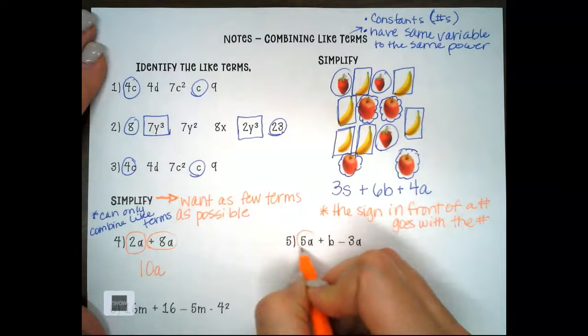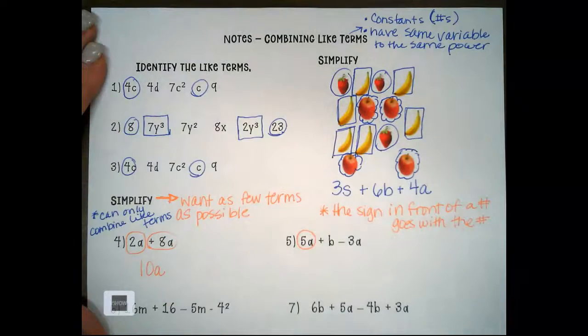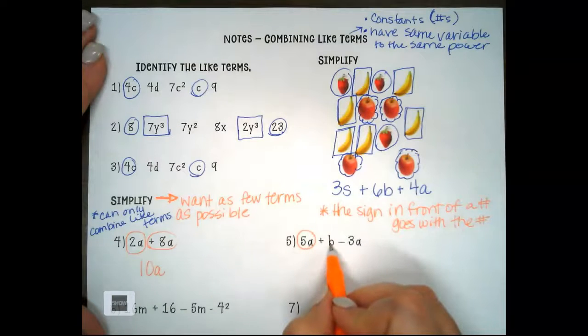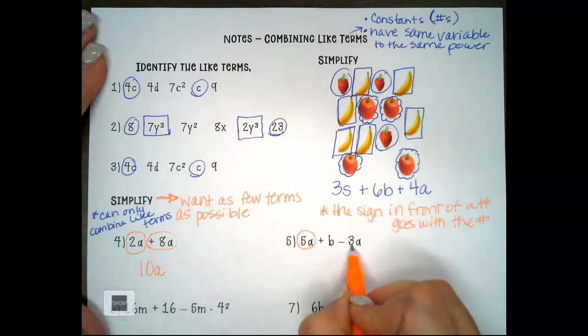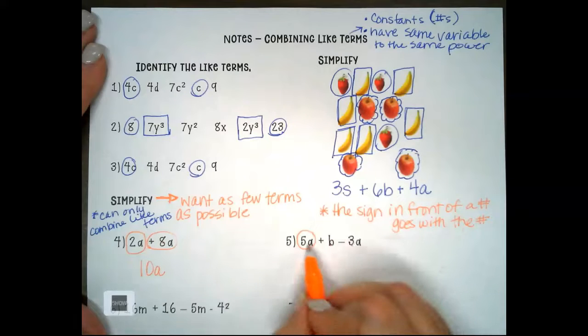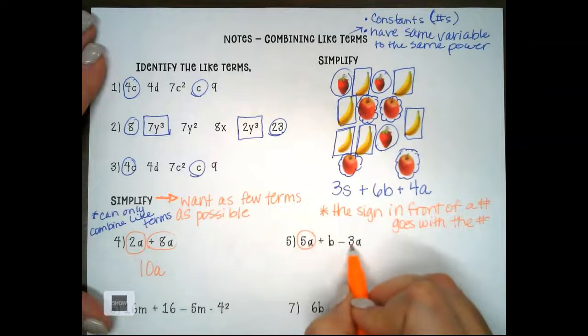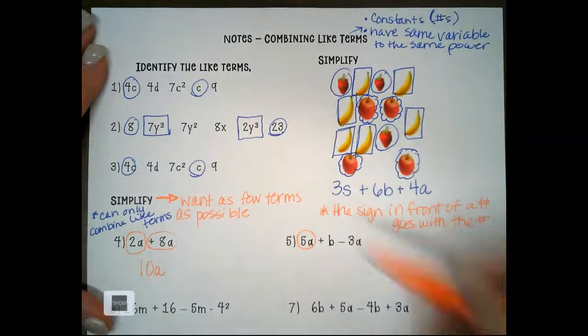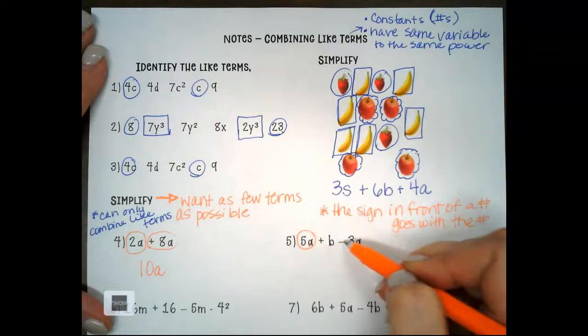All right, start with the first. Remember, I like to circle first. Okay, these are A's. Are these A's? Nope, not like terms. Are these A's? Yes. So I'm going to combine or put together 5 apples and these 3 apples, but I don't know how to put them together until I look at the sign in front of the second number in my problem.